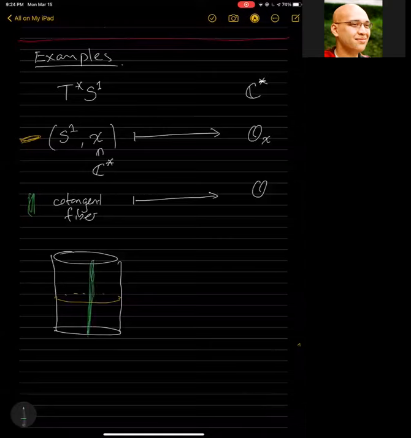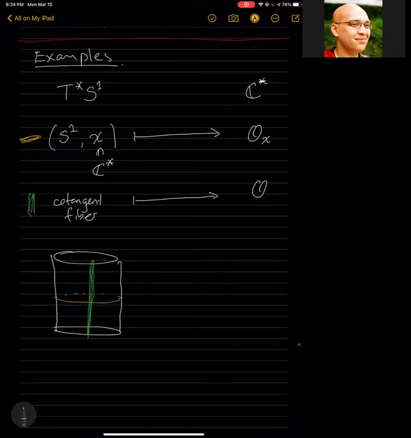And I told you before that Hom in the Fukaya category should be intersection. And indeed, there's one intersection between the zero section and the cotangent fiber. And on the other hand, Hom from O to the skyscraper point is indeed one-dimensional. So that sounds pretty good.